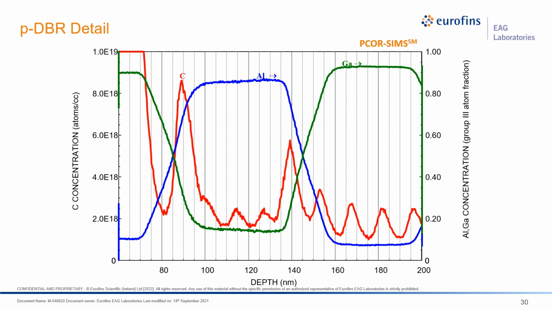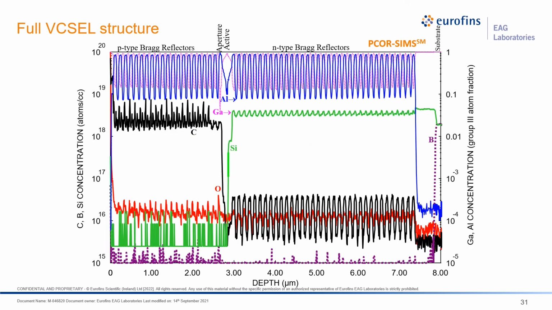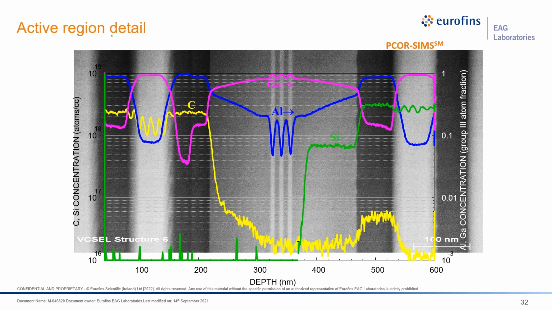One of the other very important layers in the VCSEL structure is the cavity region, or the active region, with the quantum wells in the middle. It is very difficult to decipher the quantum wells in the structure, but by doing a high depth resolution through this layer, we can get a better understanding of it.